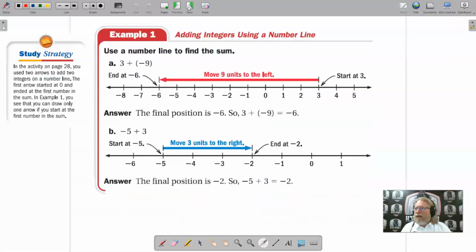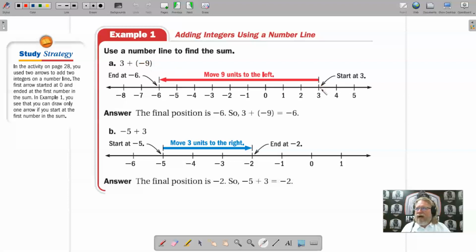All right, so looking at the next page, example 1, adding integers using a number line. Here we have use a number line to find the sum. You start at 3 and we're going to add a negative number, so we're going to go back to the left. We're taking away.